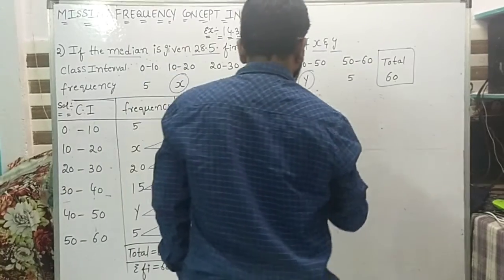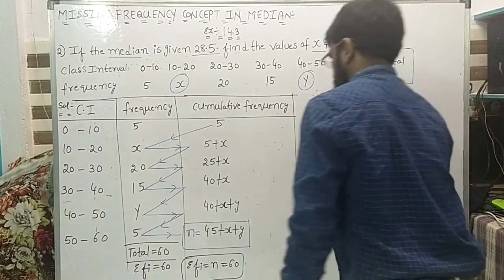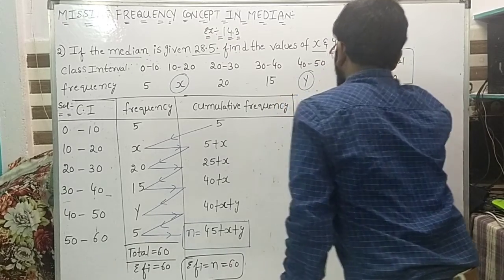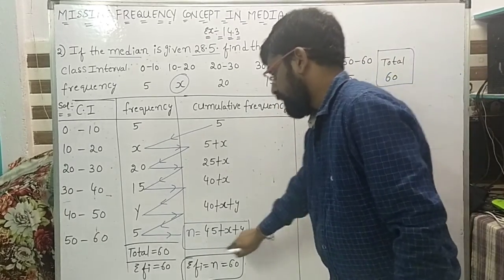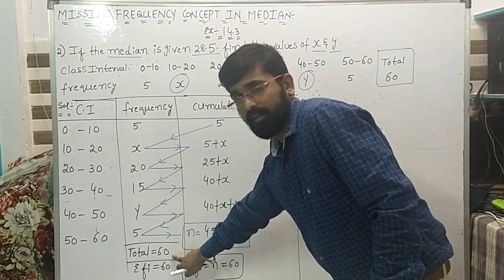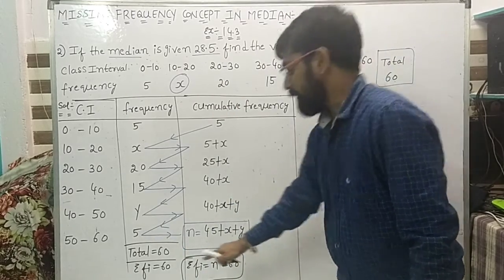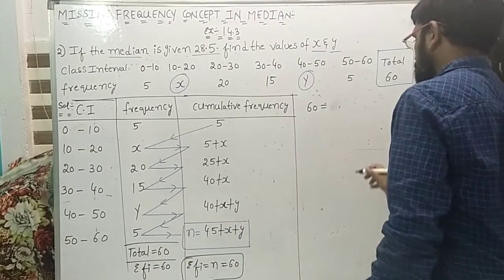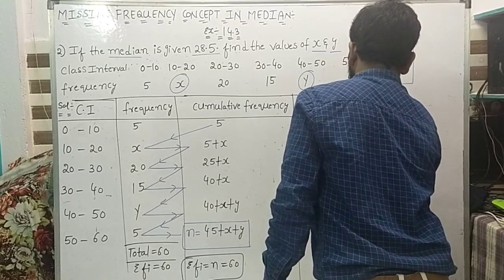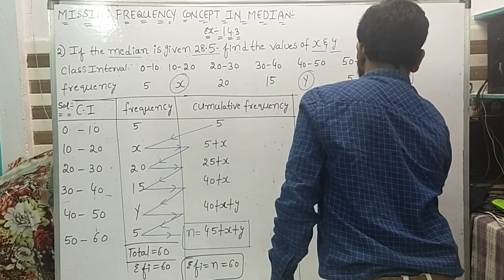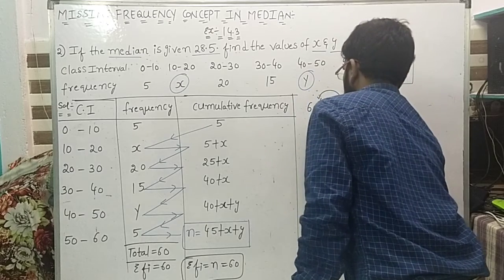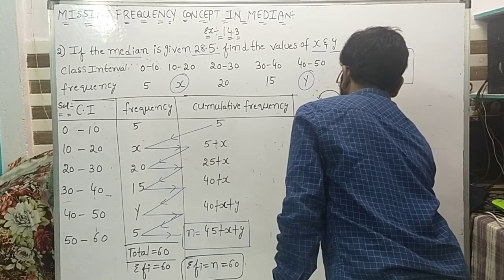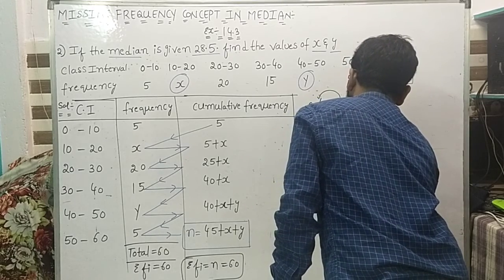Then 60 minus 45 is equal to x plus y. 15 equals x plus y.